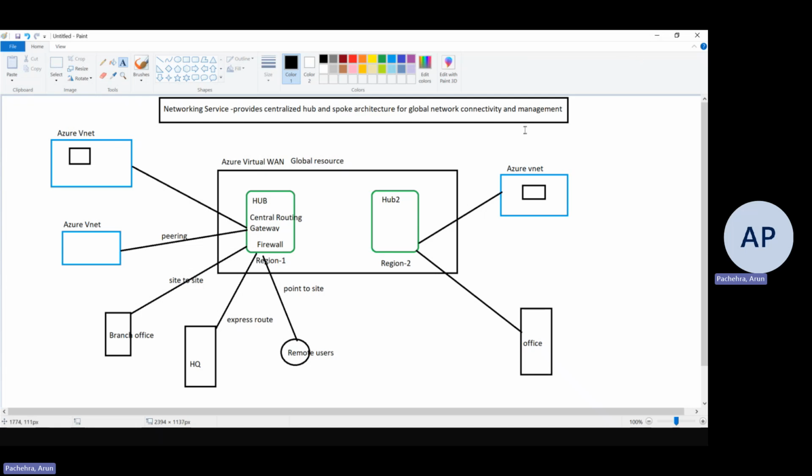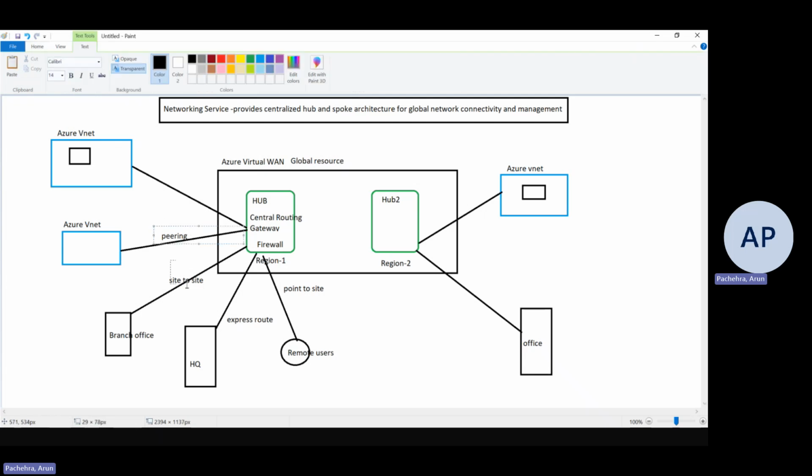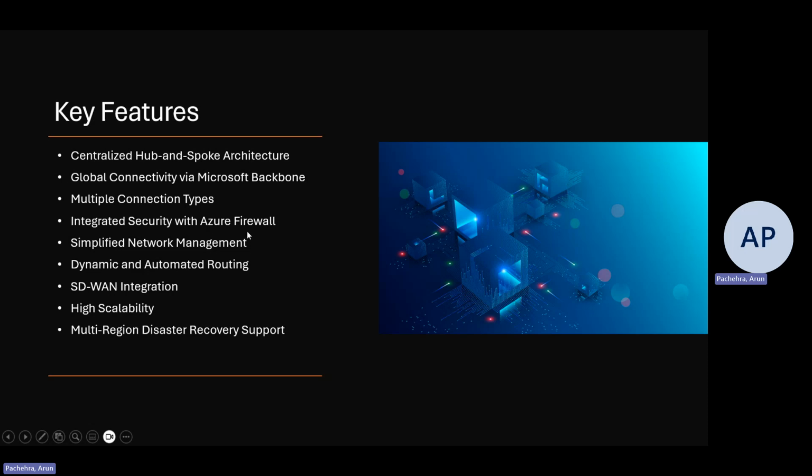Now you can see another feature is global connectivity through the Microsoft backbone. No need to explain, you can easily understand now with the first point. And it supports multiple connections. We have already talked about site to site, ExpressRoute, point to site, SD-WAN as well. Another one is, let me go back to the slide. The integration with Azure Firewall. Yes, we have seen that Azure Virtual WAN can easily be integrated with a firewall to inspect and filter network traffic.